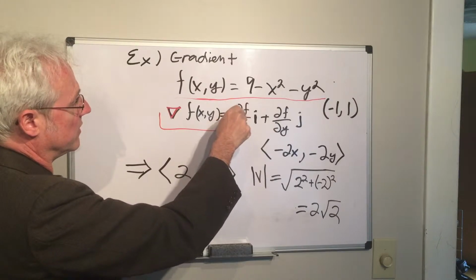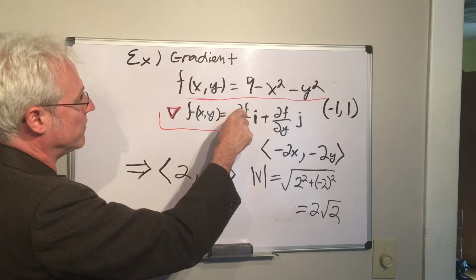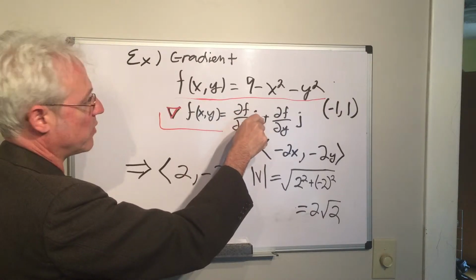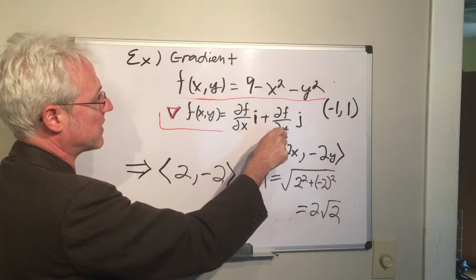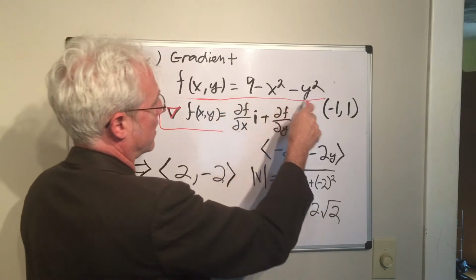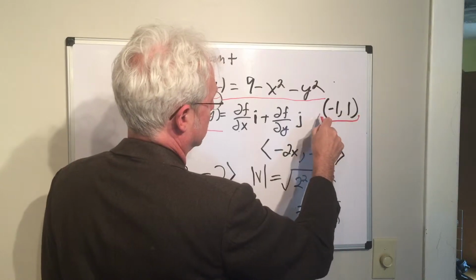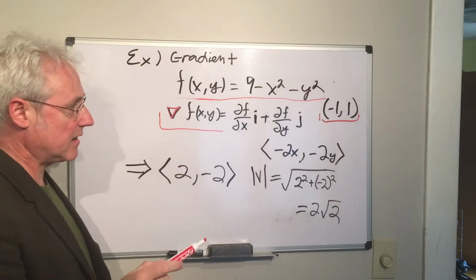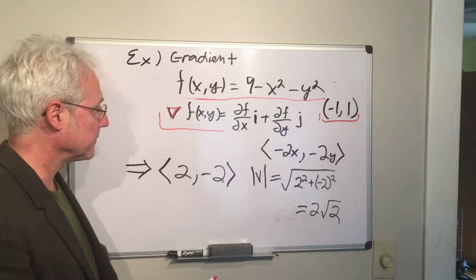The partial derivative with respect to x becomes our i component, and the partial derivative with respect to y becomes our j component. So let's take this function at this point and compute the gradient, and then we'll go back to our pictures and find out exactly what that means.